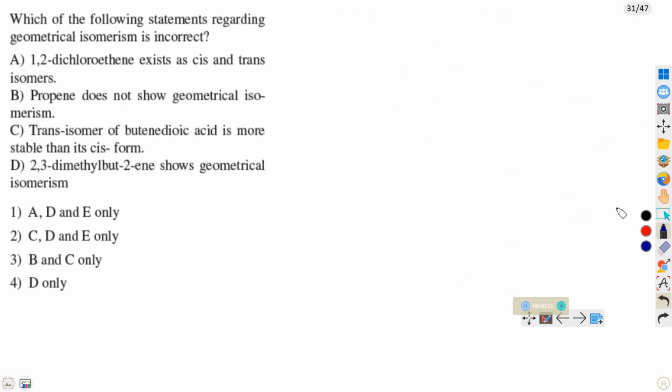Which of the following statements regarding geometrical isomerism is incorrect? 1,2 dichloroethane exhibits geometrical isomerism, cis-trans. Correct statement. Propene does not show geometrical isomerism. Meth, eth, prop. Propene does not show geometrical isomerism. Correct.